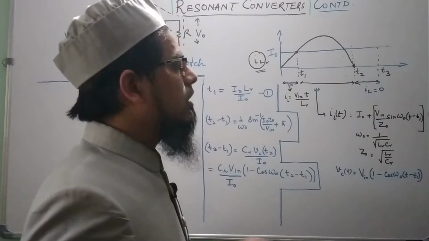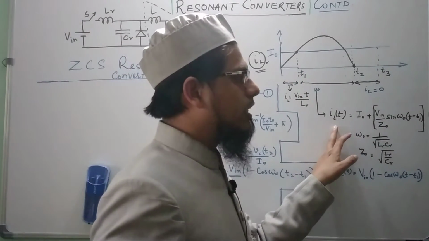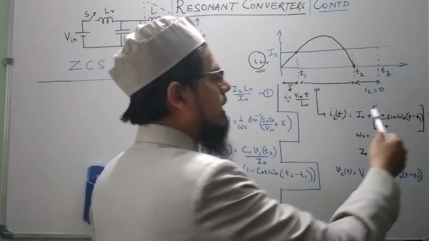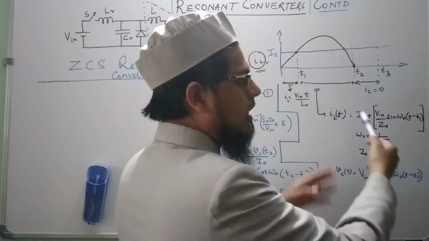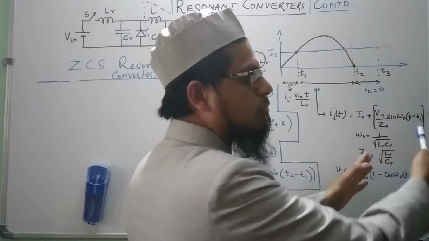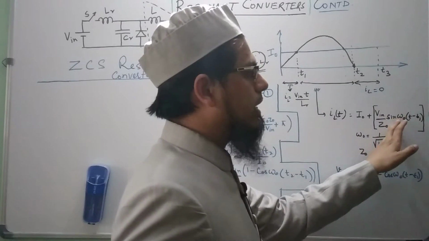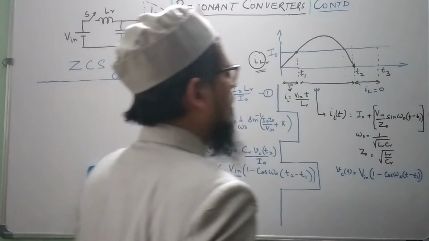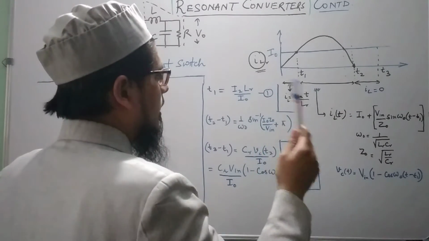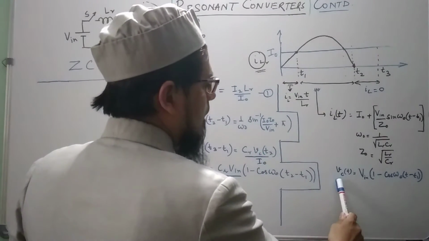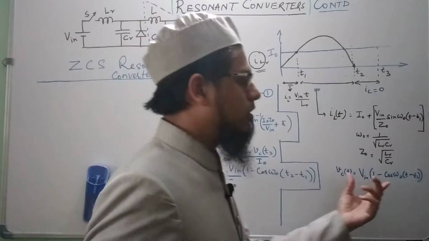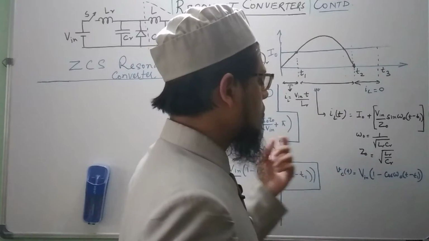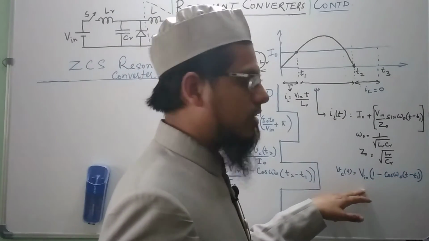So during this mode, the current through the inductor is not varying linearly, rather it is varying sinusoidally, a DC component superimposed on a sinusoidally varying component, which could be seen from here. And in the same case, the capacitor voltage that would be appearing across the capacitor would be given by this relation.